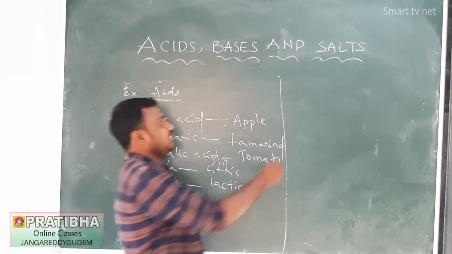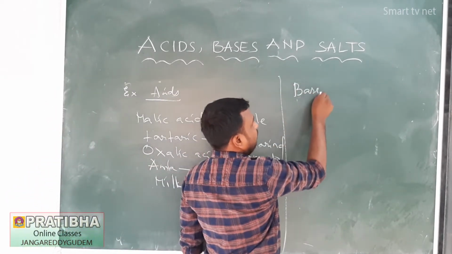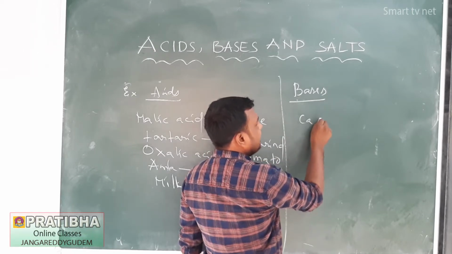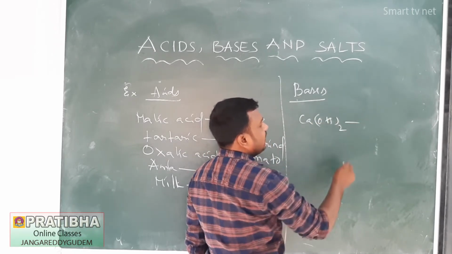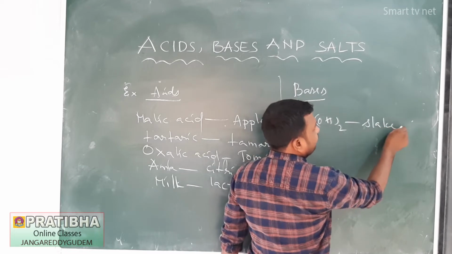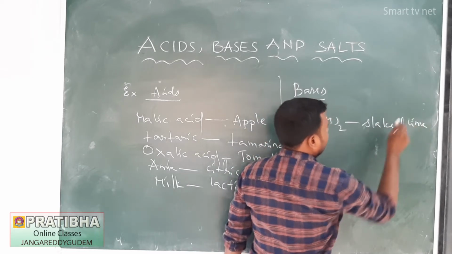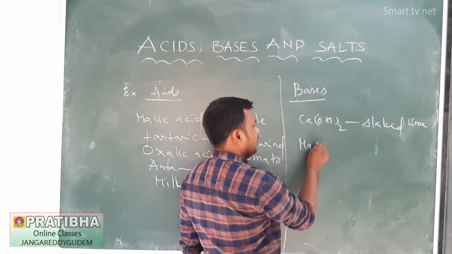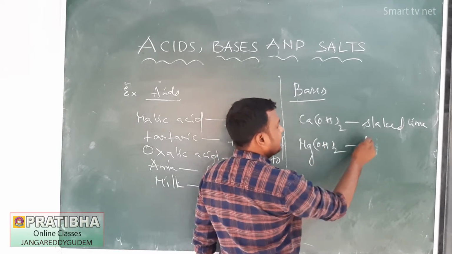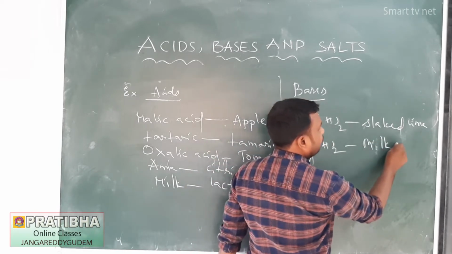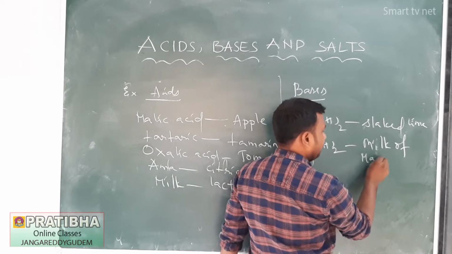Next, bases. Ca(OH)2 is called slaked lime. Next, magnesium, Mg(OH)2, is called milk of magnesia.